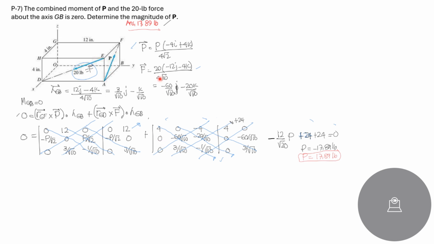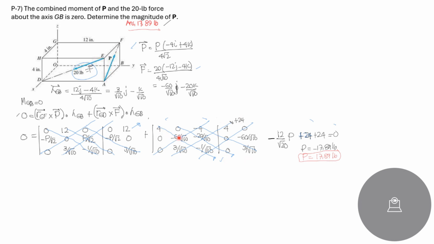Cross F, F in vector form is 20 over 4 is 5 times negative 12, negative 60 over square root of 10. Then 5 times negative 4 is negative 20 over square root of 10. These are the x, y, and z components of F. Then the unit vector, we copy this, 0, 3 over square root of 10, negative 1 over square root of 10. Copy the elements of the first two columns.